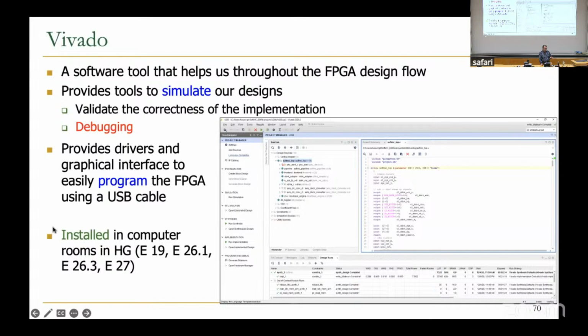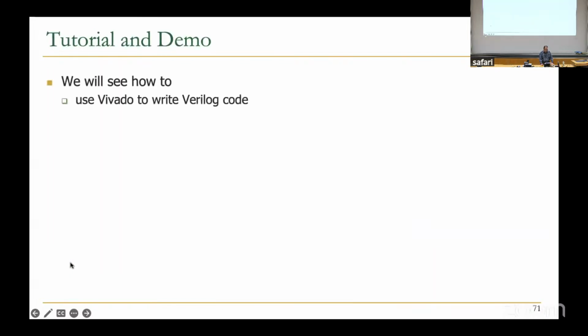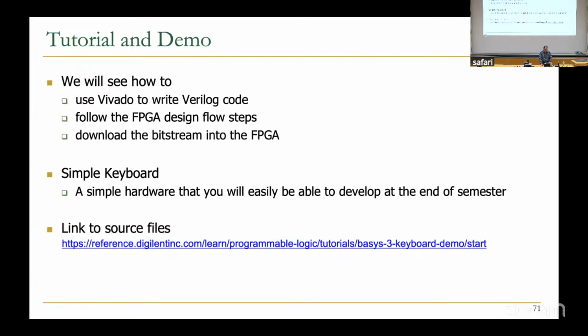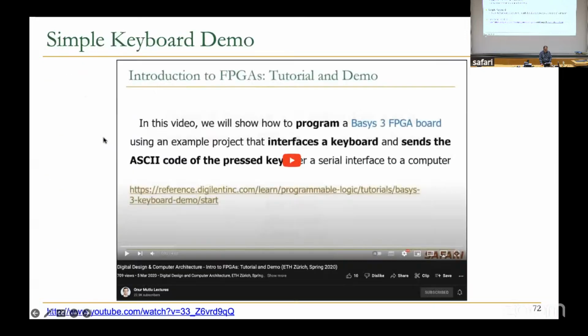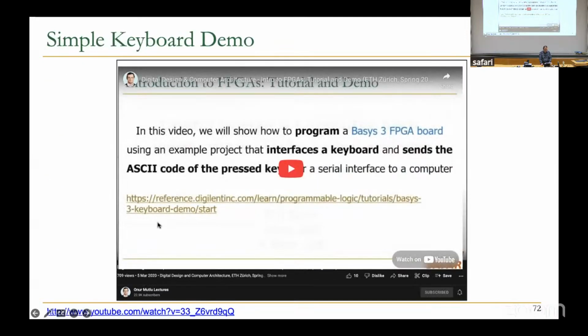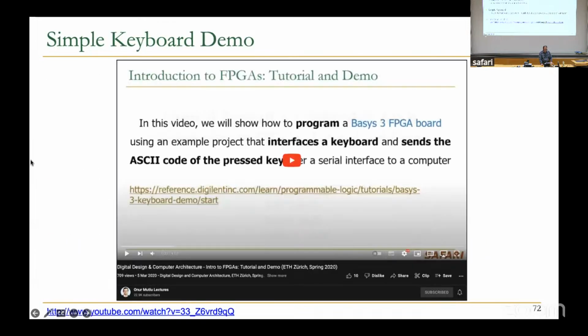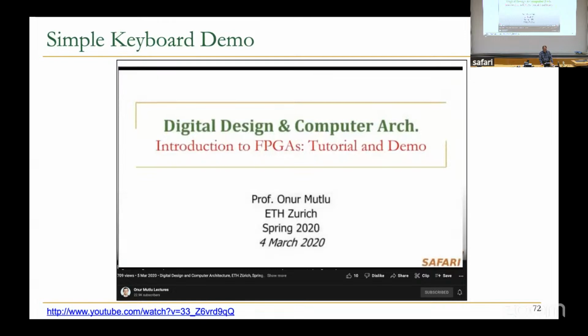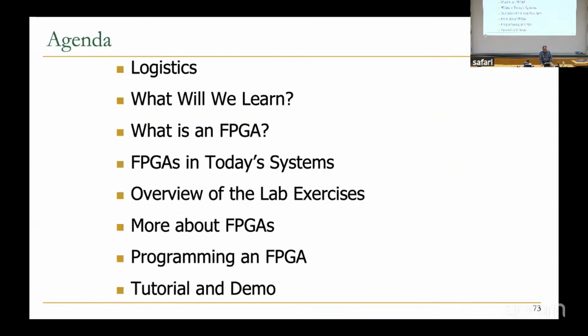This application is already installed in the computers in our lab rooms. You can also check a tutorial of Vivado in this video. I'm not going to play it now, so you can play it at home.